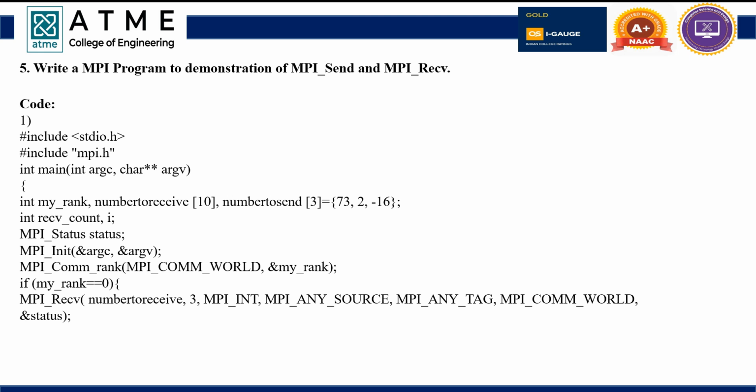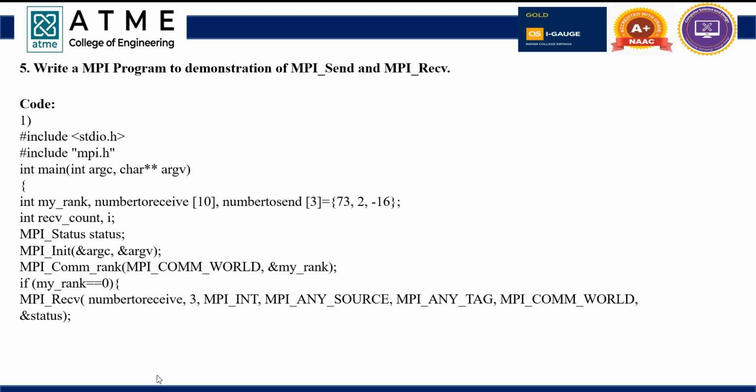Now, this data has to be sent by non-root processes. Next, we initialize the count, the number of elements which are actually received, and i is initialized as the for loop variable. Now, let us see MPI status. This status, MPI_Status, refers to a structure to store message information.